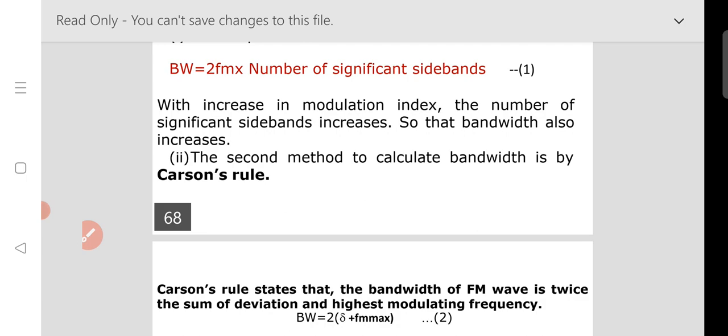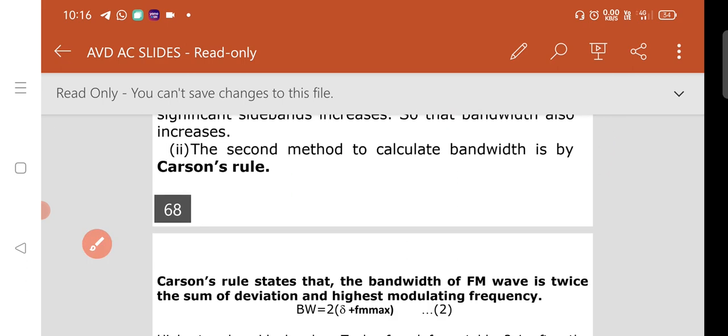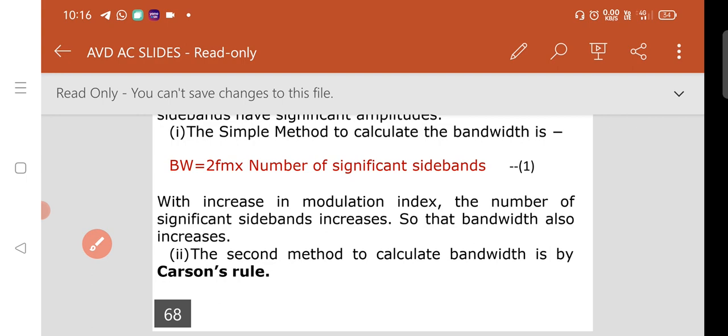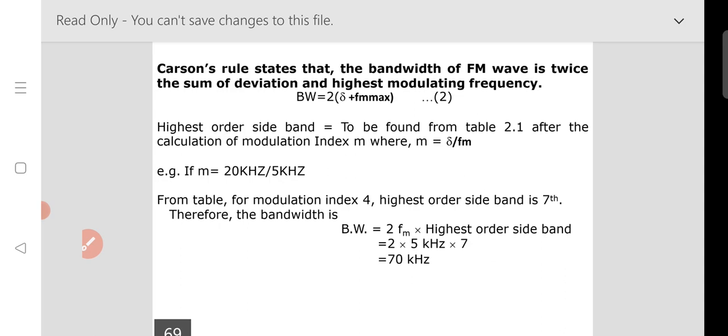The second method to calculate the bandwidth is Carson's rule. You just remember this: 2fm times the number of significant side bands is the bandwidth calculation of the FM wave. Another method is Carson's rule. Carson's rule states that the bandwidth of the FM wave is twice the sum of the deviation and the highest modulating frequency.